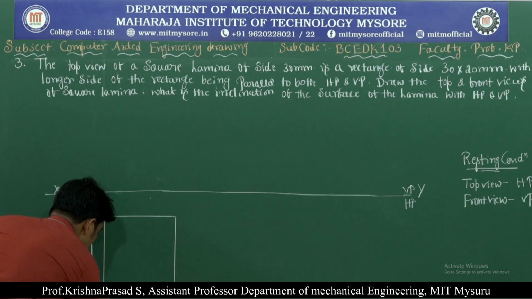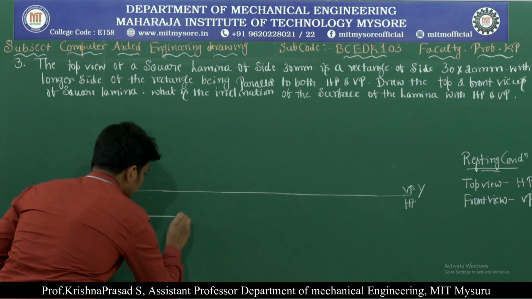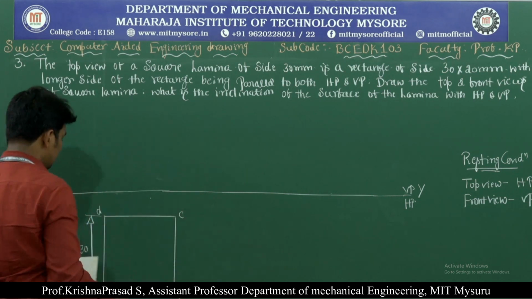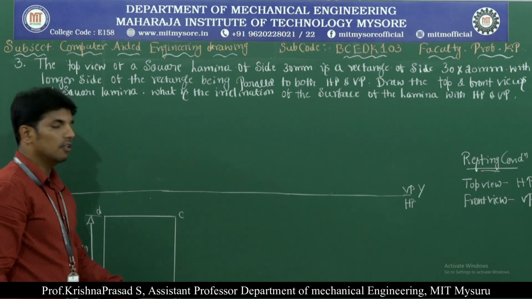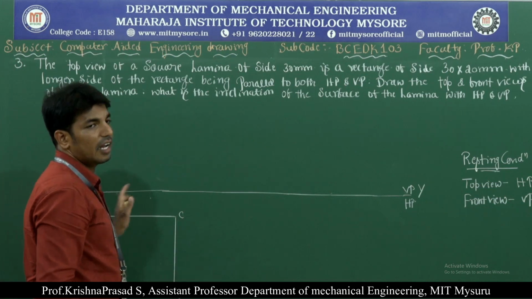The corners are named A, B, C and D, and the sides are AB, BC, CD and DA.